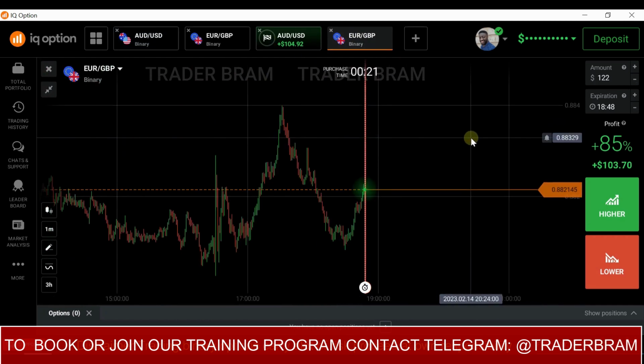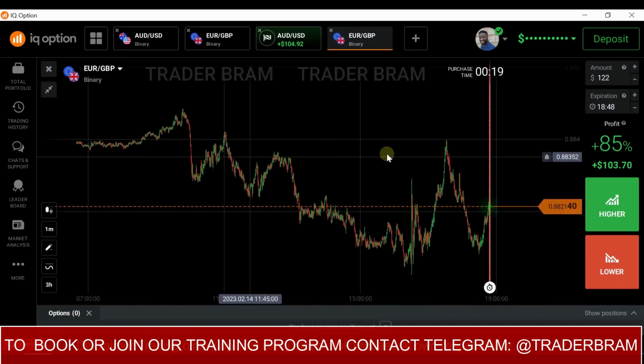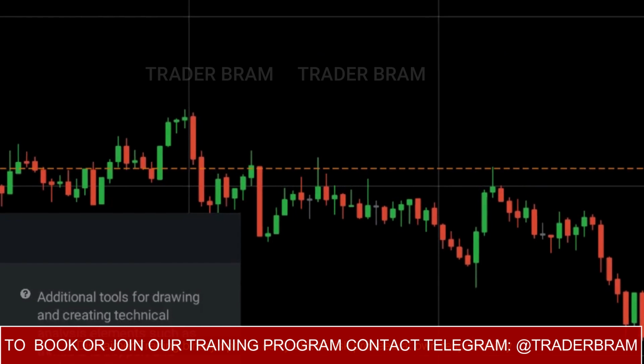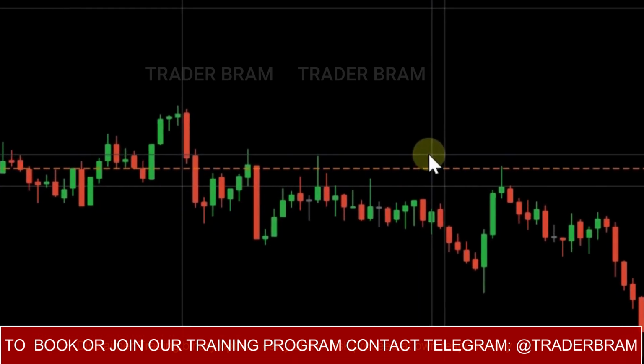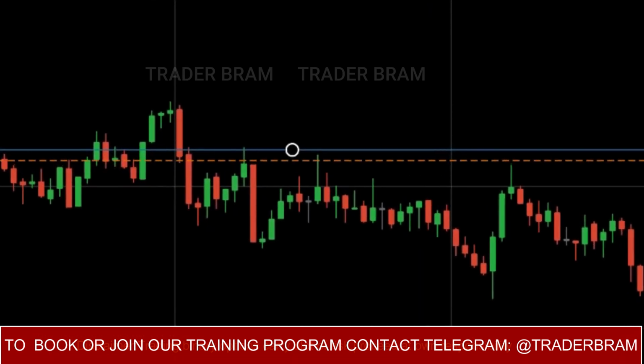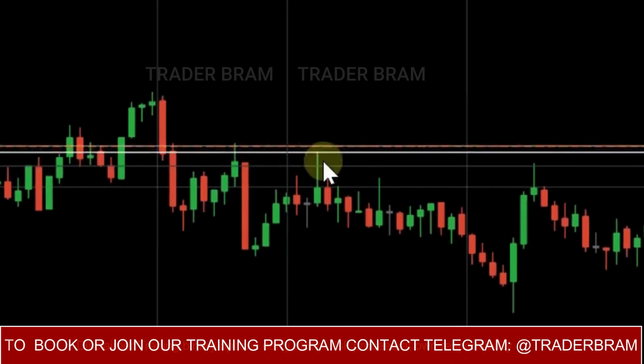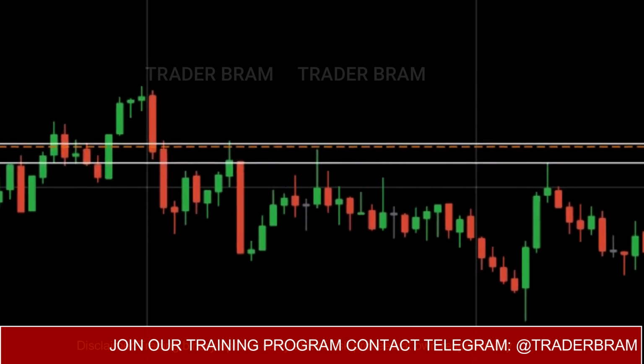Let me check this other pair. So this other pair will have a level of support and resistance. I'll just mark it for convenience purposes so that I can show you how I'm taking these trades.